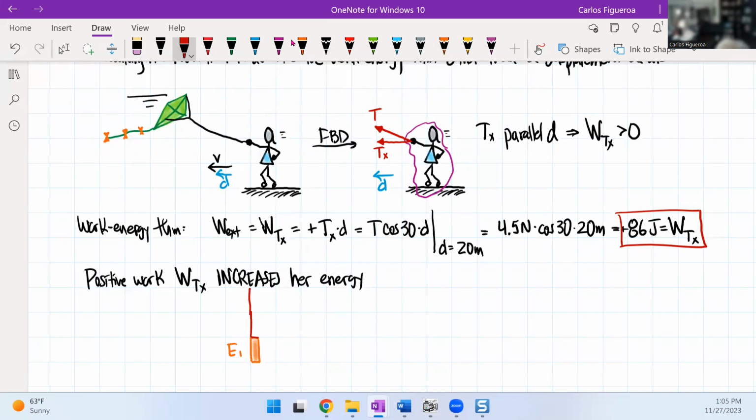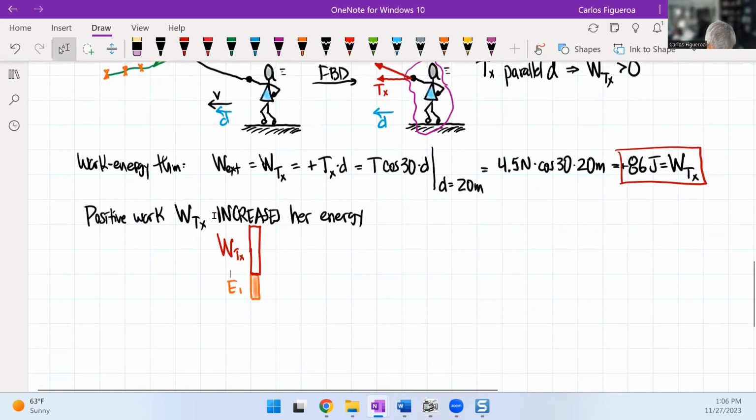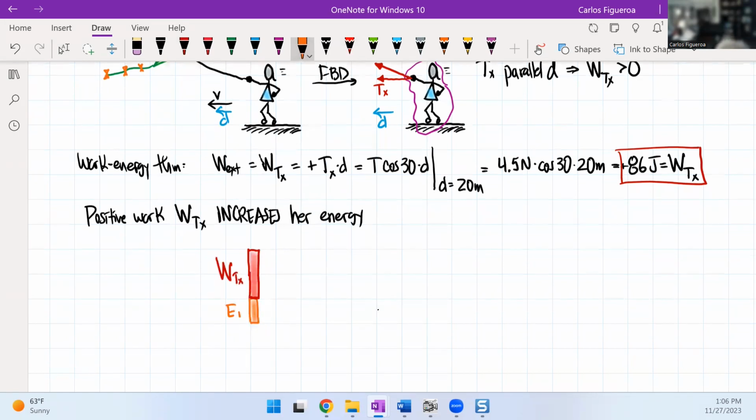In this case, my work is double the amount of Tx because there was twice the distance. That's a little bit too close. I'm going to move this down a little bit. As a consequence, I should have a higher energy after the work interaction.